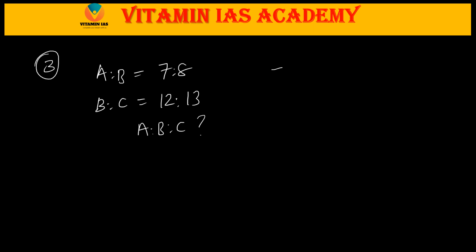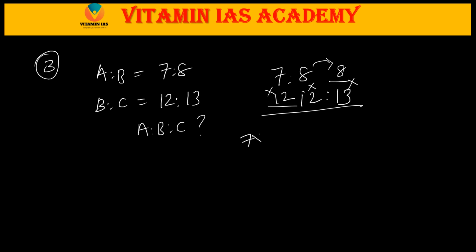So A is to B is nothing but 7:8 and B is to C is nothing but 12:13. So it is vacant here and this is also vacant. Just fulfill with the adjacent number, 8 and here 12. So simply multiply: A is 7 into 12, and 8 into 12, and 8 into 13.